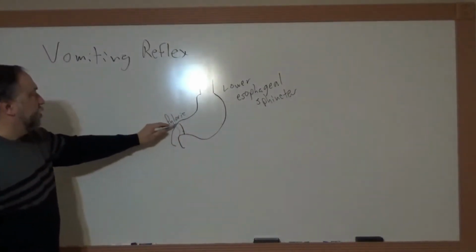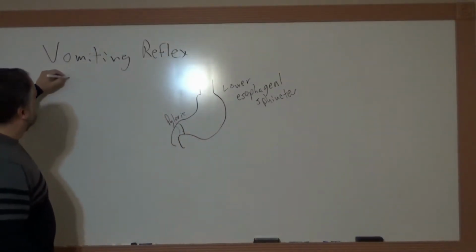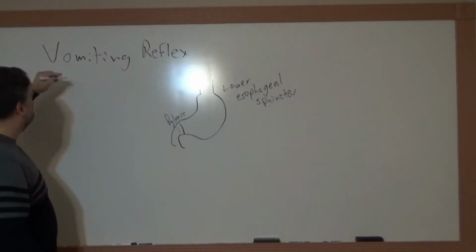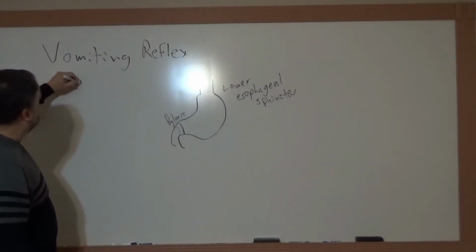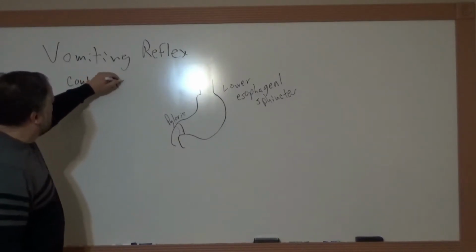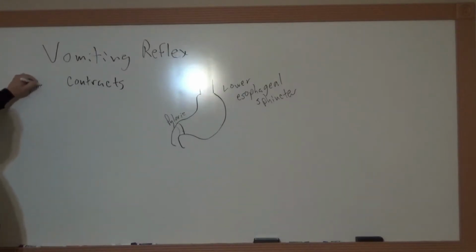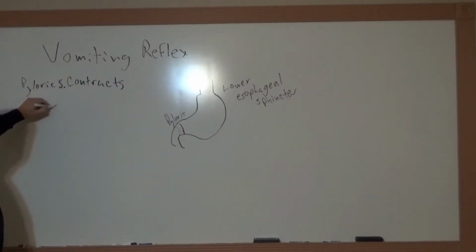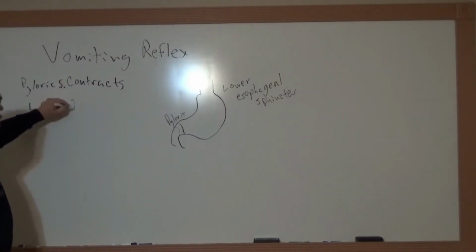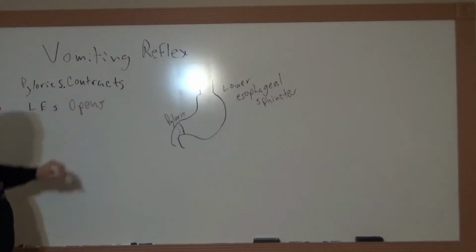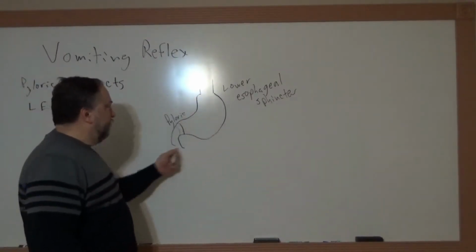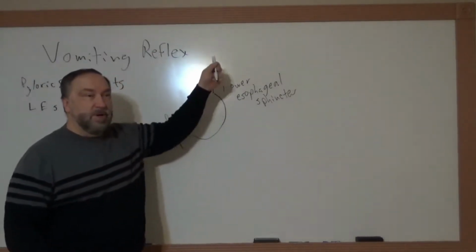So the pyloric sphincter down here tightens, so it contracts. And the lower esophageal sphincter opens. In other words, it relaxes. So this closes up, food ain't going to go this way. This opens, food can go that way.